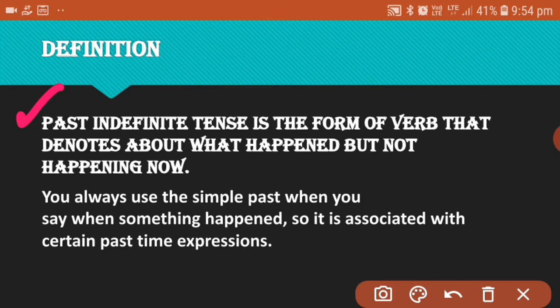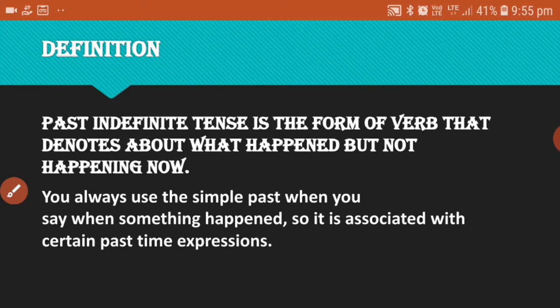Students, you always use the simple past when you say something that happened, so it is associated with certain past expressions. Yes students, you know very well what past indefinite tense is.